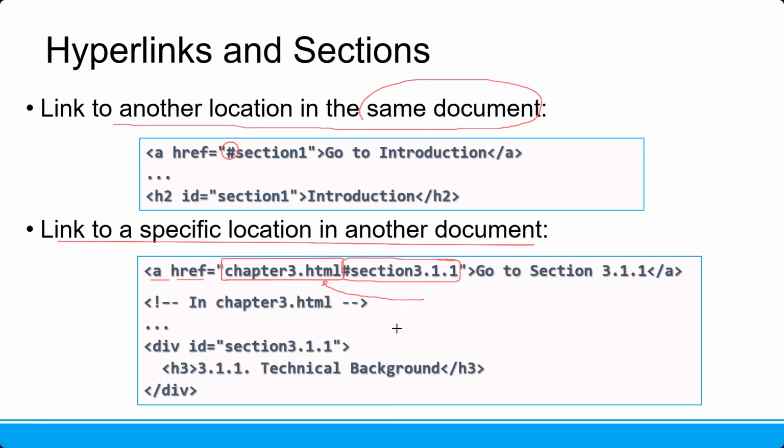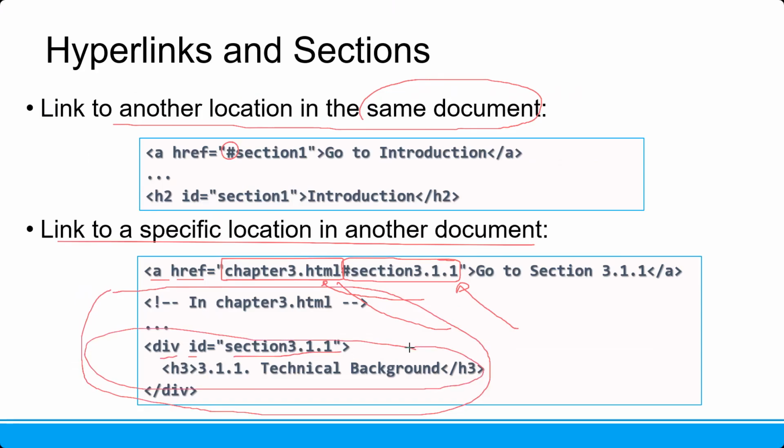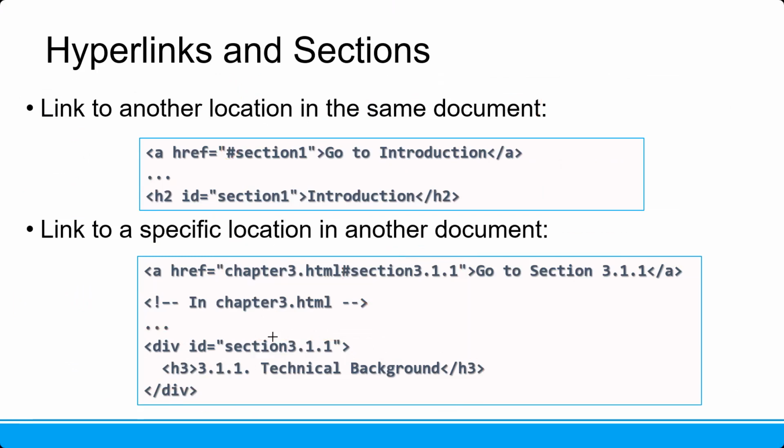Then it will connect to this file and go to this section. So let's assume that in chapter3.html you have this div with id section3.1.1. Then it will show in this part. So you can try this by yourself.